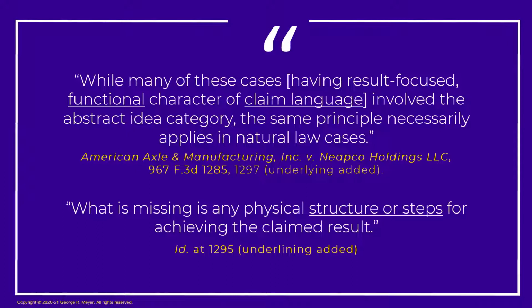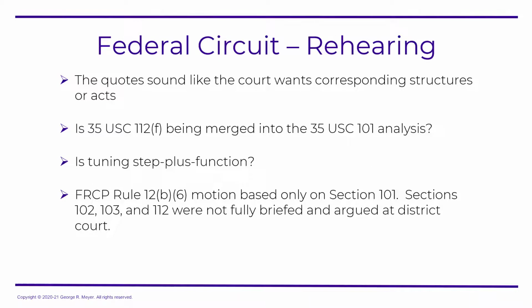Now, the one thing that stood out for me is, okay, functional claim language. But elsewhere, they had also that what is missing is any physical structure or steps for achieving the claimed result. I don't know about you, but for me, this sounds like the court wants corresponding structures or acts.